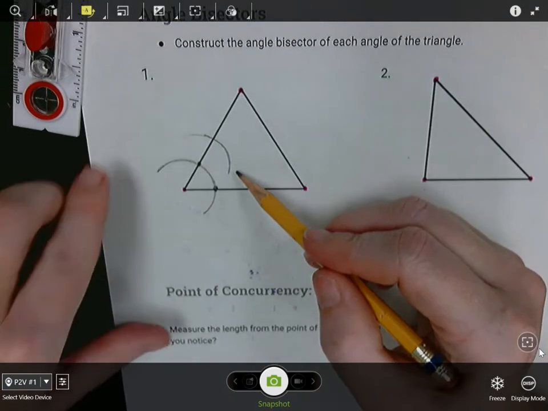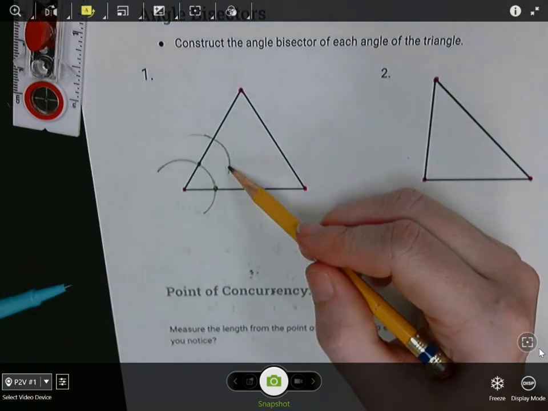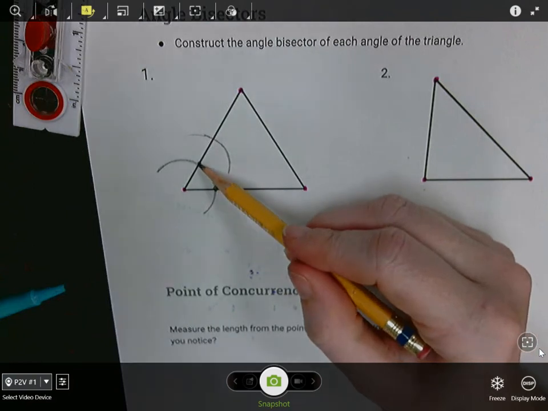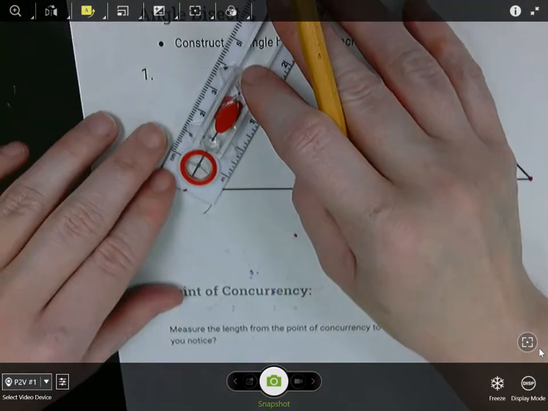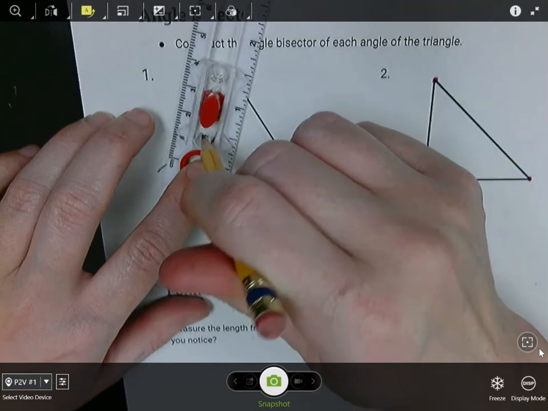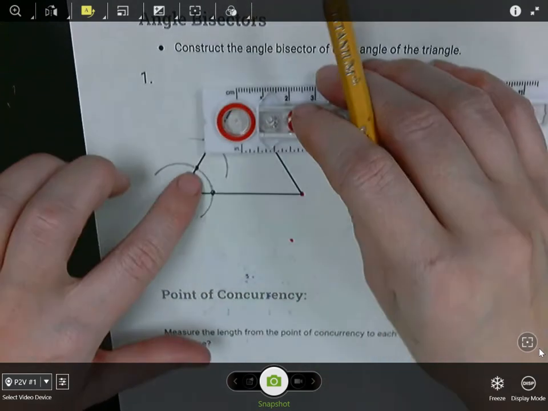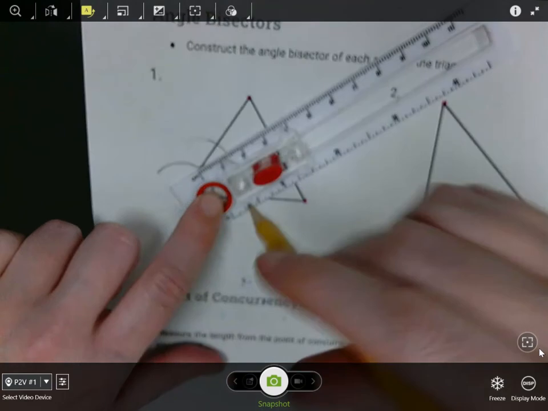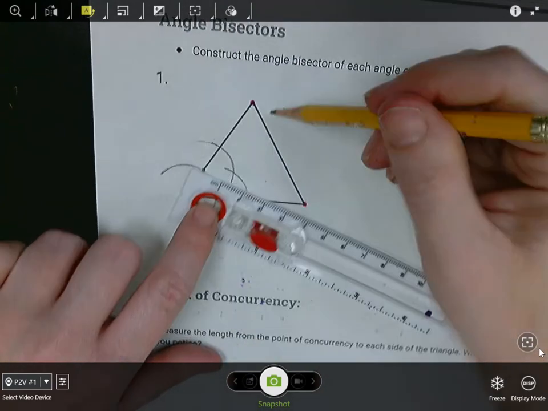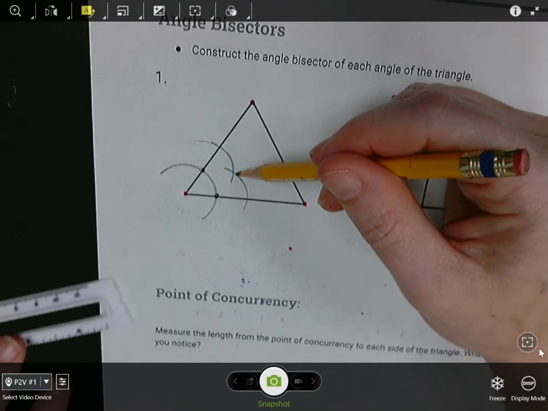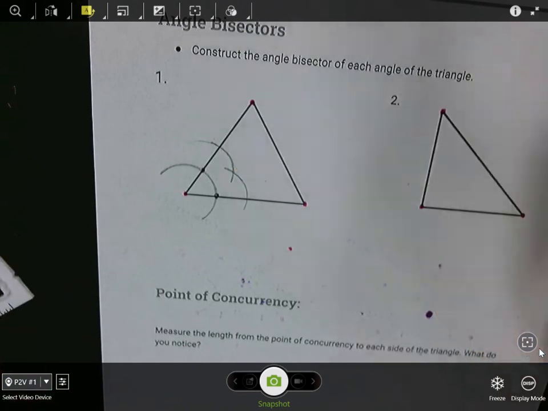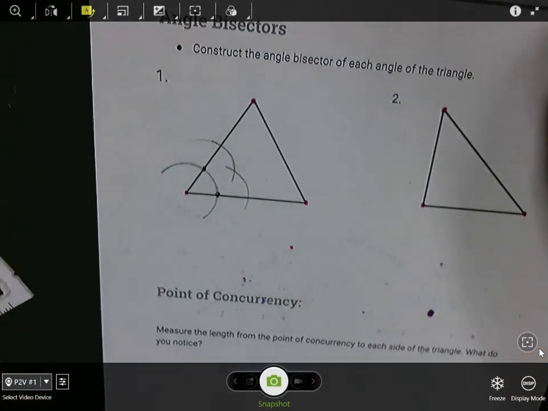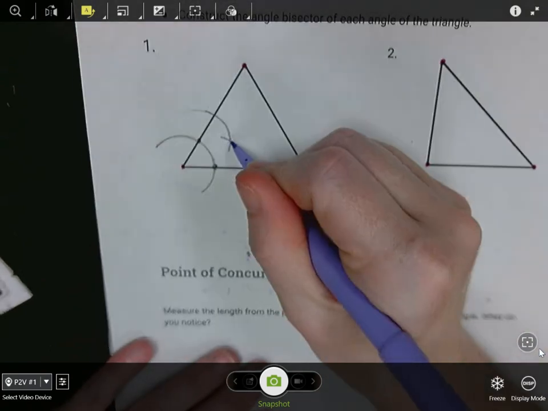So you should have another arc outside here. I did it from this one, and then I drew an arc. Now do it from this other point you made. These two arcs should intersect.